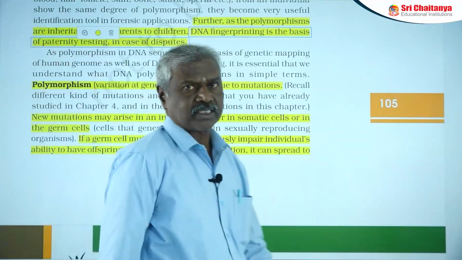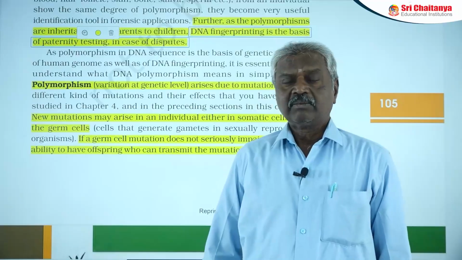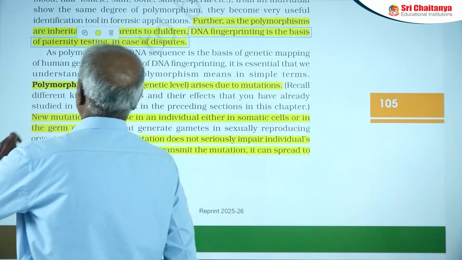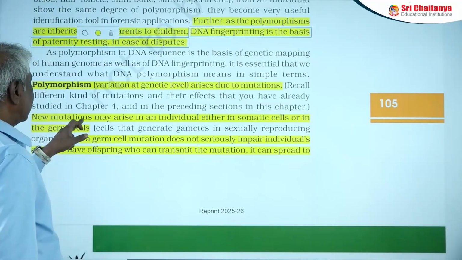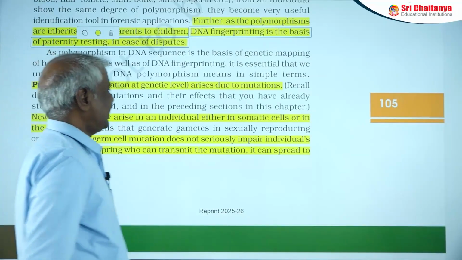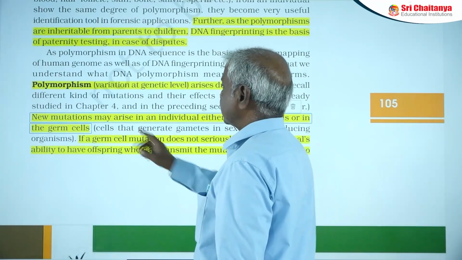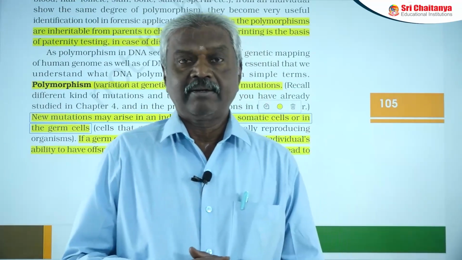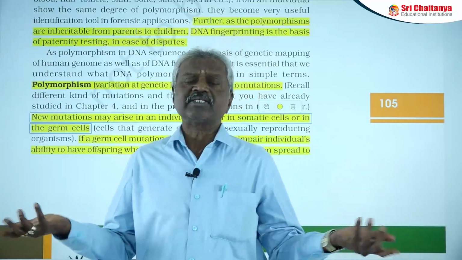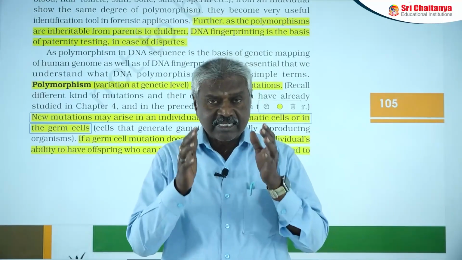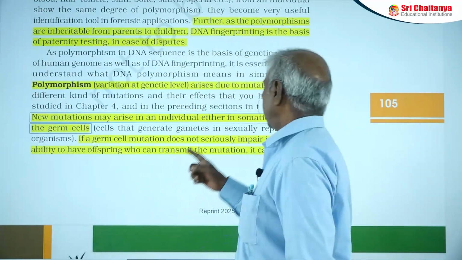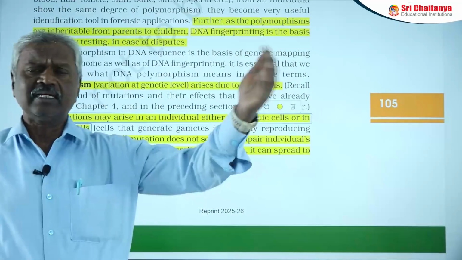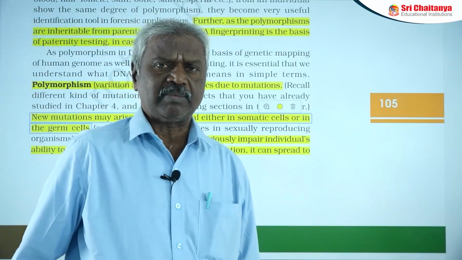Then polymorphism, very important. Poly means many, morphism means morphological forms. Here you can see the new mutations may arise in the individual either in somatic cells or in germ cells. Mostly they occur in the junk DNA, non-functional. 95% of our DNA is non-functional. In that junk DNA, mutations occur both in somatic cells and germ cells. Somatic cells will carry from one generation to another, no problem at all.